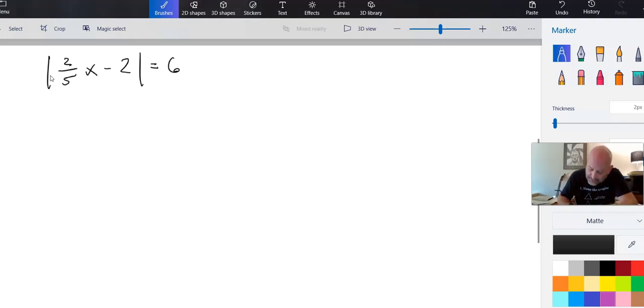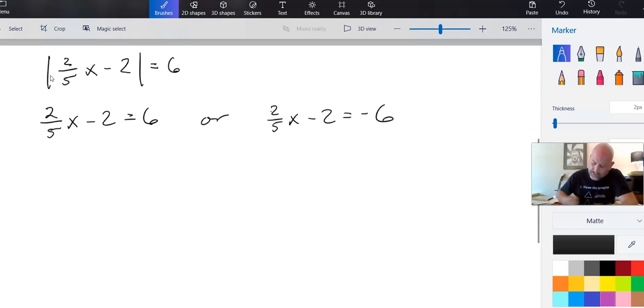So this ends up being the two equations, 2/5 x minus 2 equals 6, and the other one is 2/5 x minus 2 is equal to negative 6. And that's an OR statement, technically. And so we just go on solving these like we normally do. Remember our trick, we can multiply everyone by the common denominator, which would be 5.